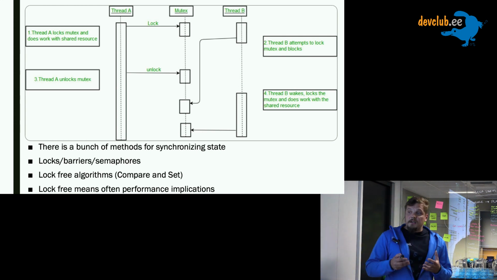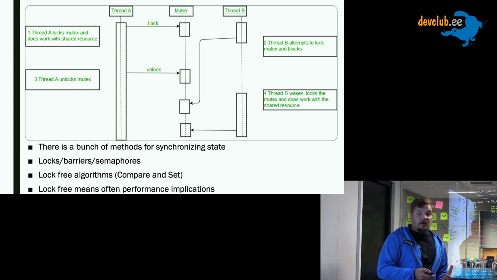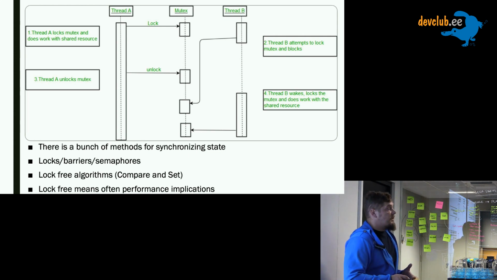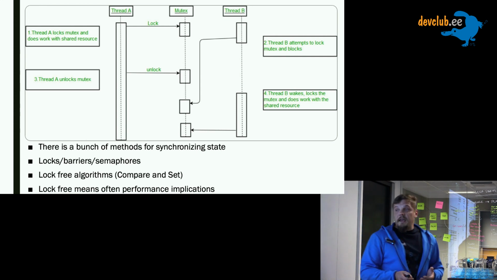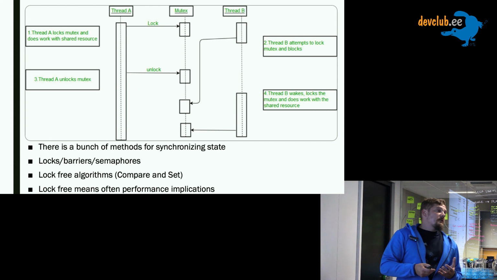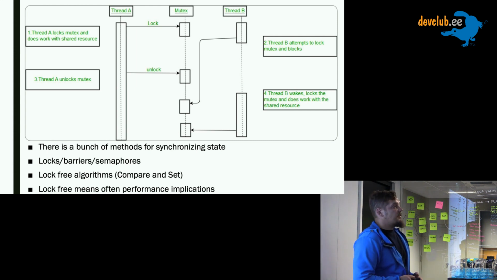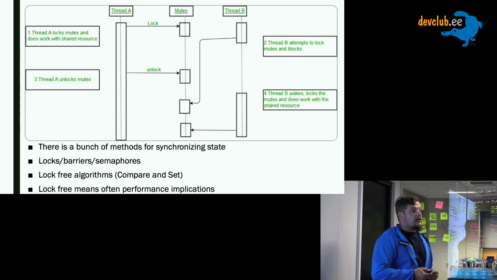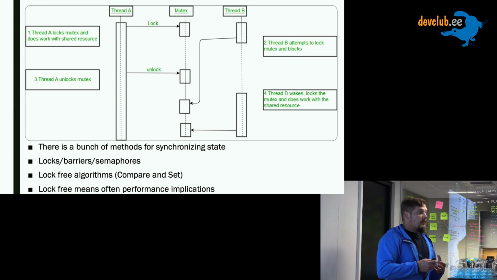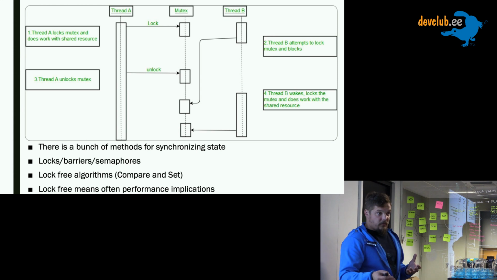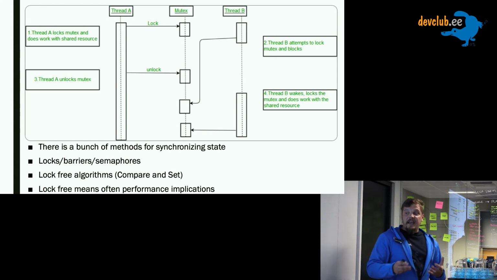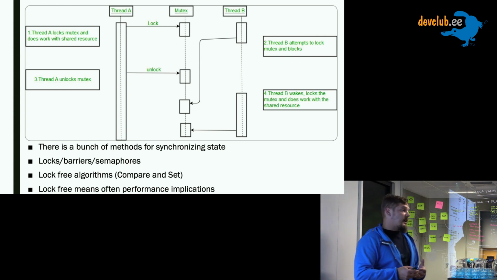There are also synchronization primitives like barriers, which mean that everything that could be reordered should be finished before the barrier. And there is a set of lock-free algorithms, like compare and set, where we read, modify, and compare whether the initial value was changed or not. If it was, then we repeat the computation. So it has some performance implications in that case.